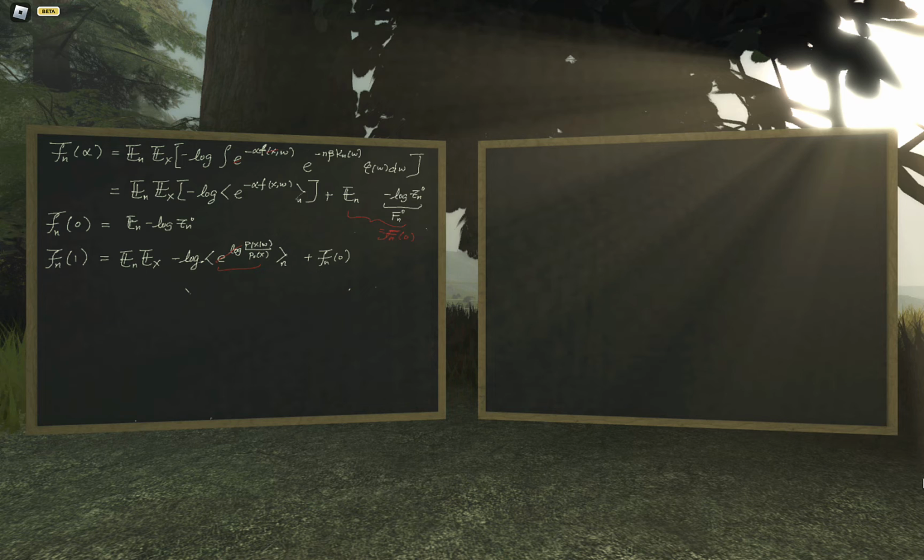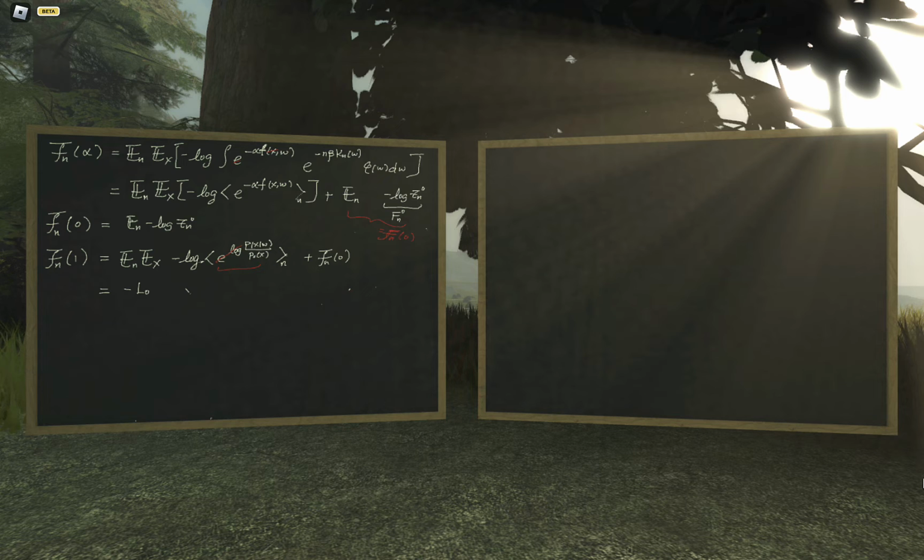You can pull it out, take the negative log of p_0(x), and average over x using the true distribution, and you get negative L_0. That's from pulling out the p_0.